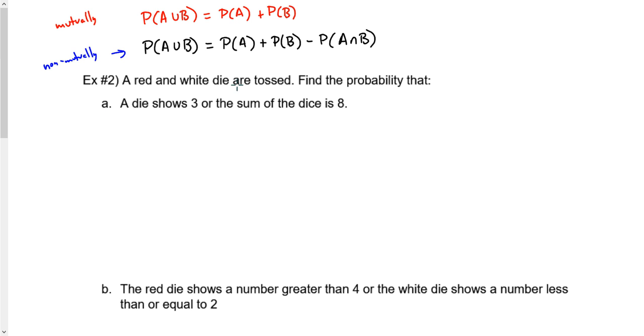A red and white die are tossed. Find the probability that a die shows 3 or the sum of the dice is 8. So again, that "or" indicates we're looking for that union. So just like the last section, I'm going to make a nice table here.